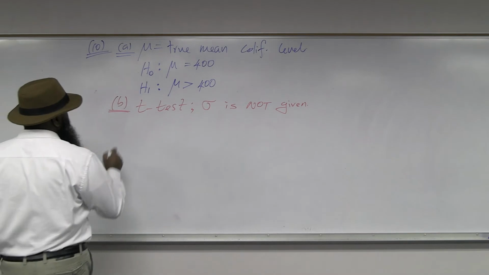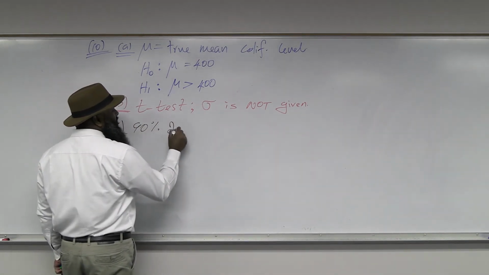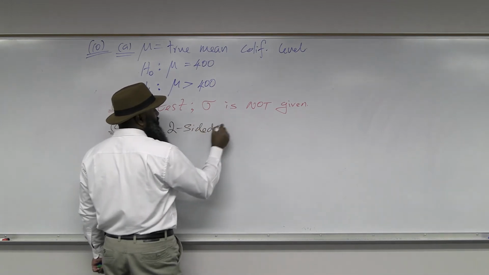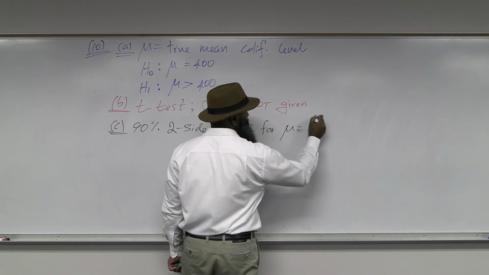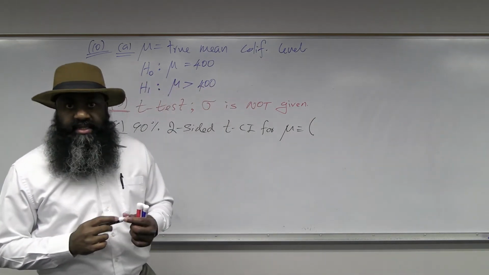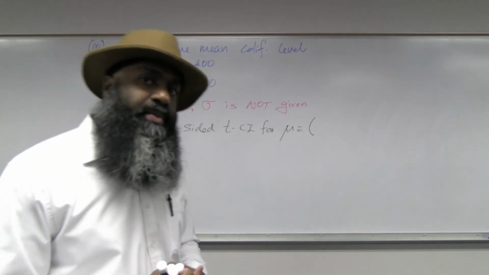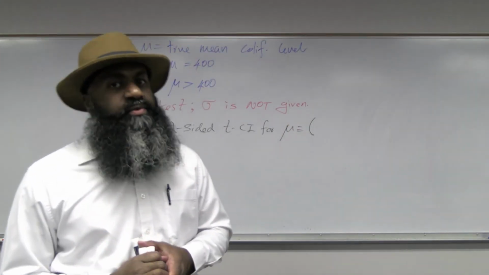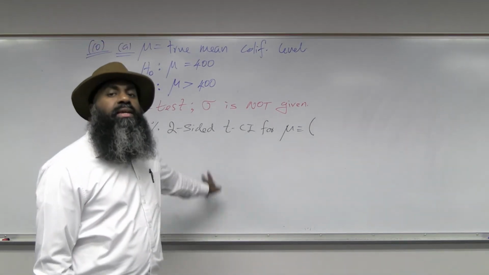First step is I have to construct a 90% two-sided t confidence interval for mu. And then we can replace the upper limit with positive infinity in order to obtain the 95% upper t confidence interval for mu. Let's first do the 90% two-sided using your calculator.